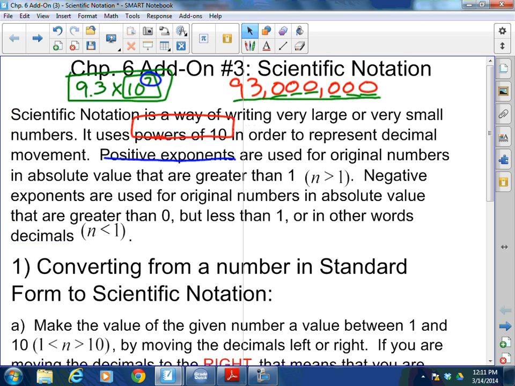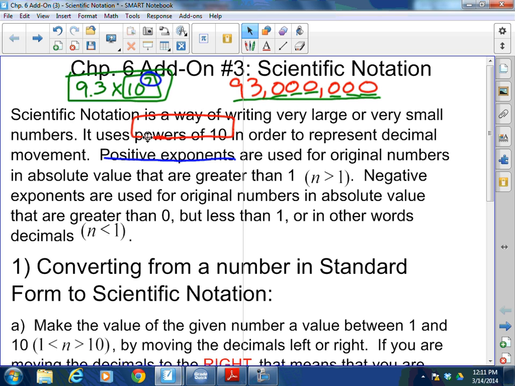Let me see. Hold on. All right, there you go. It's better lined up. When you have an original number that's larger than 1, when you're converting that to scientific notation, please remember this: you're always going to use positive exponents.